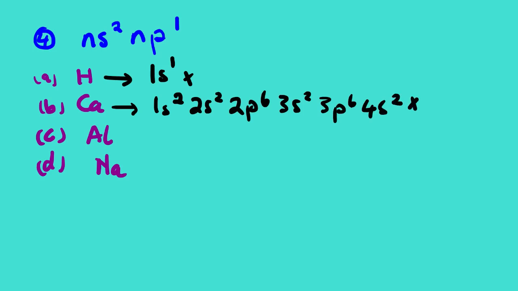Also cannot be this. Aluminium, it's 1s2 2s2 2p6 3s2 3p1.